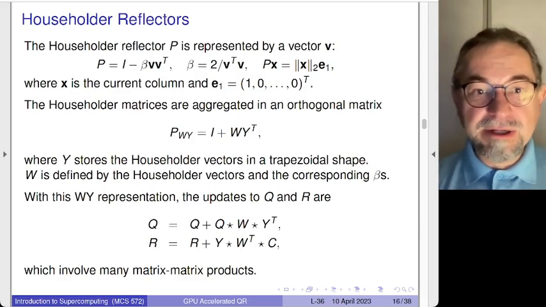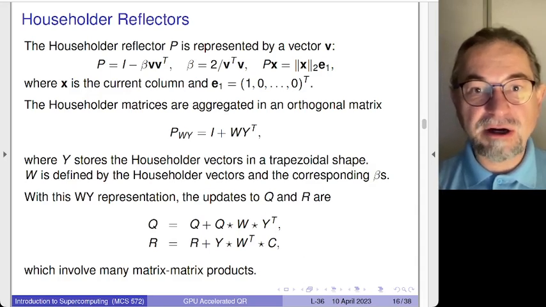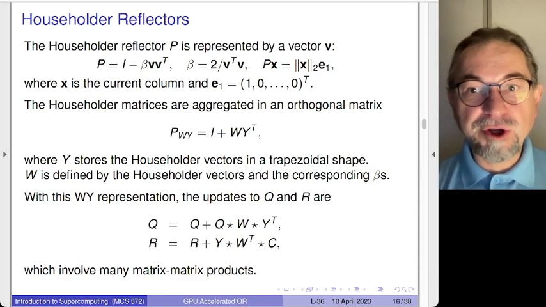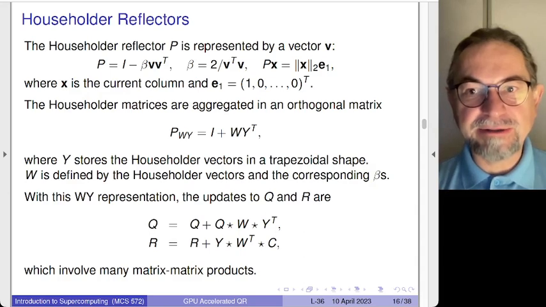Then here is the summary of the blocked householder QR. The householder matrices are represented in a WY format. So this is the aggregation as it is defined in the 1987 paper.